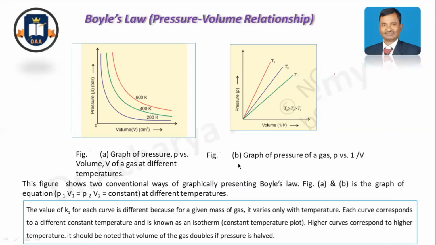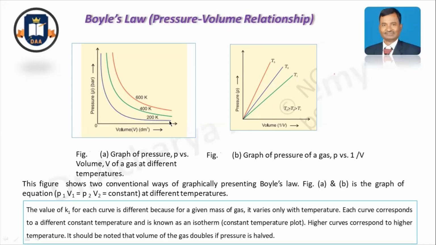Now we'll look at these two graphs. On the left side, figure A, the x-axis is the volume and the y-axis is the pressure. At a temperature of 200 Kelvin, one curve is there at the bottom.